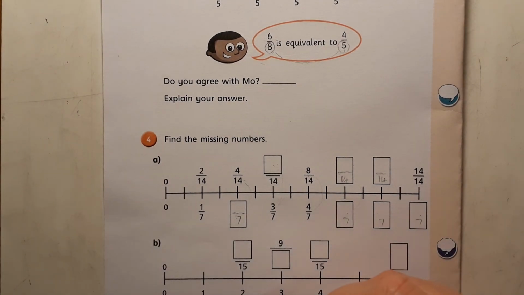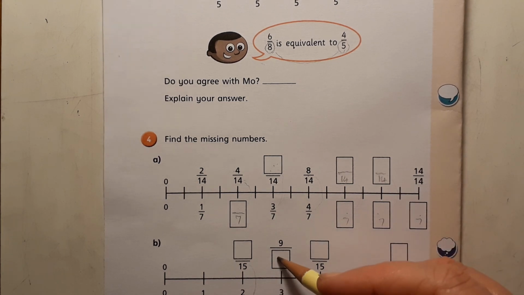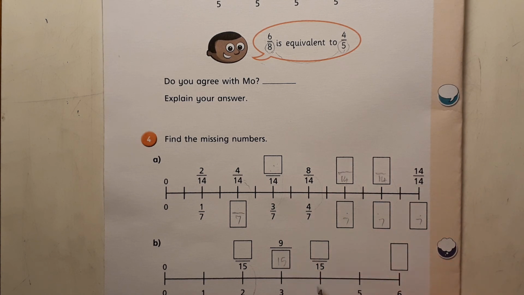And quickly, what's happened here? So we know we're going up in 15ths. So 9. We've done from 0, 1, 2, 3 steps to get to our 9. So 0, 3, 6, 9.